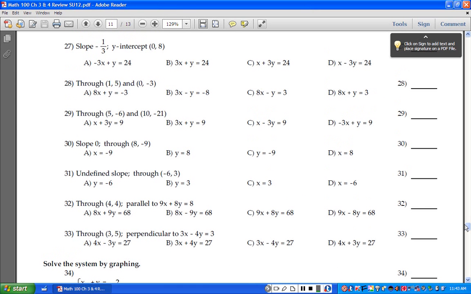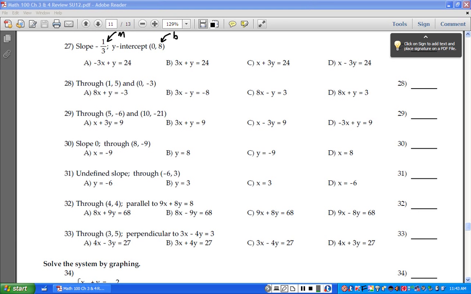27. Doing the same thing. We have a point and a y-intercept now. Alright, so we have an m and a b.